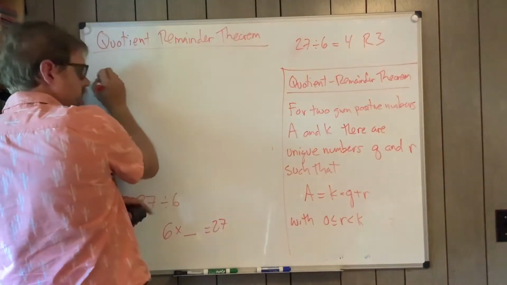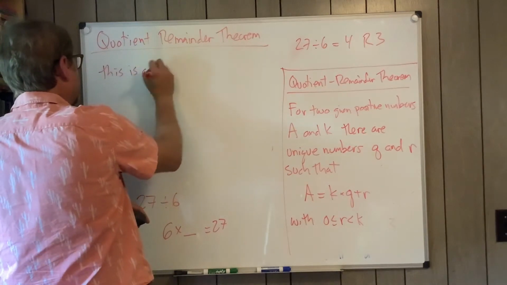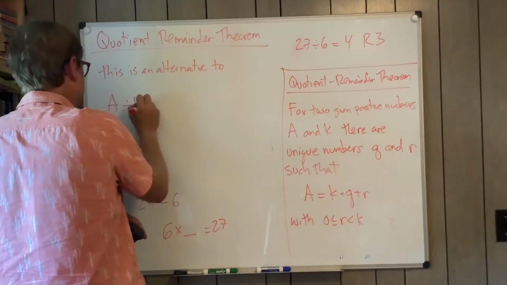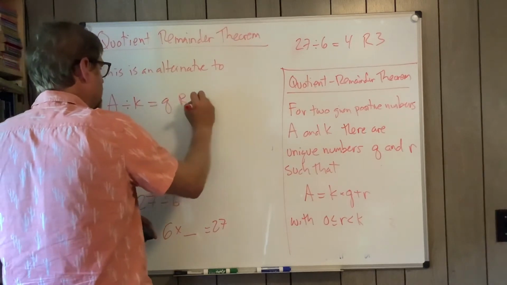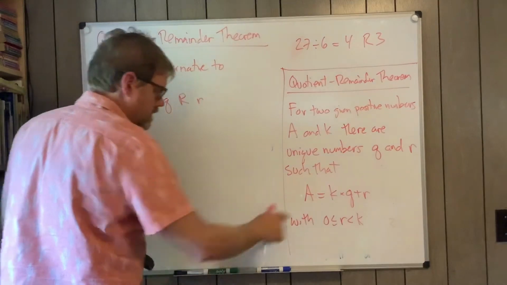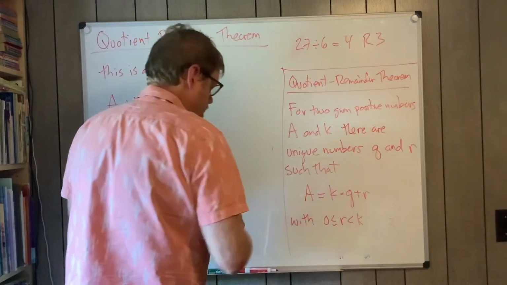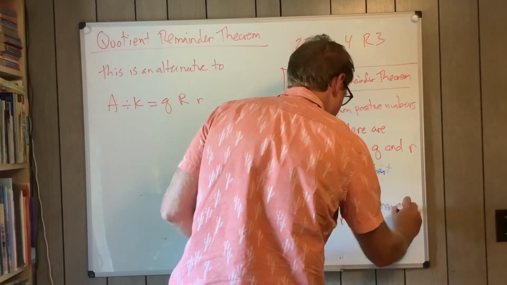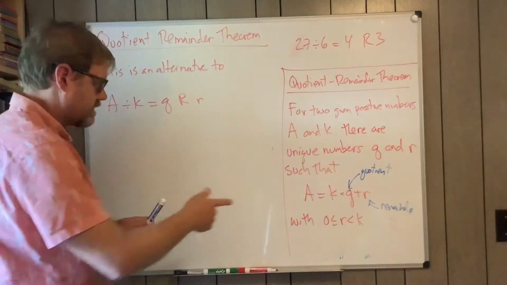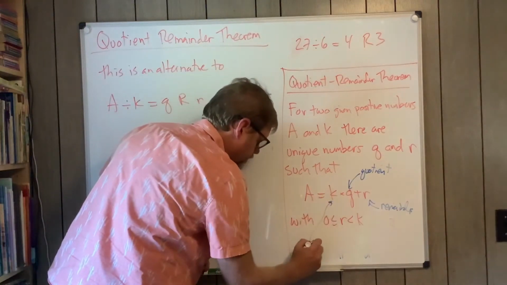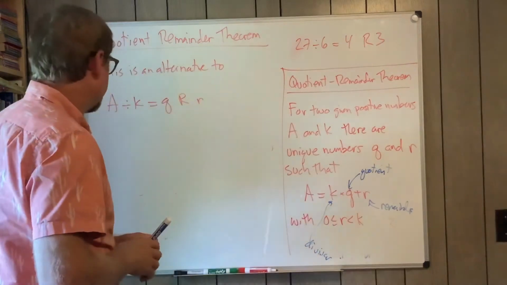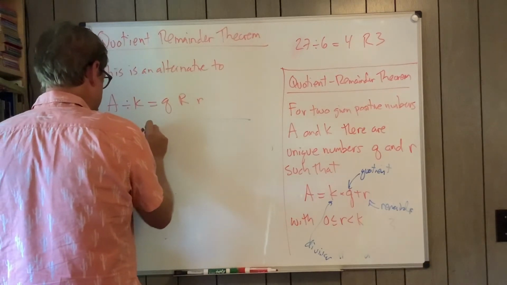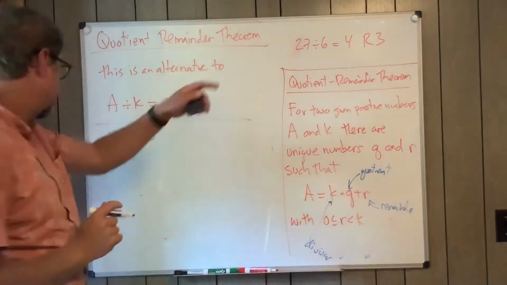This is an alternative to A div K equals Q remainder R. So there's the quotient, and the remainder, and that's technically the divisor. It was div 6.